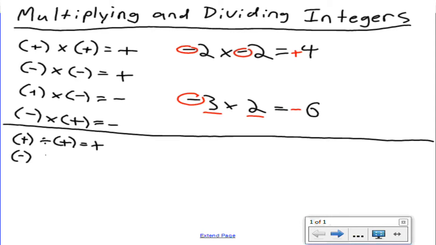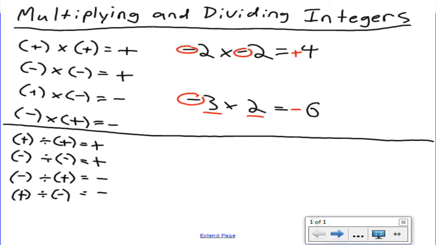A negative divided by a negative gives you a positive. And then the exact same when it's a negative divided by a positive and a positive divided by a negative. Those are both going to be negative.